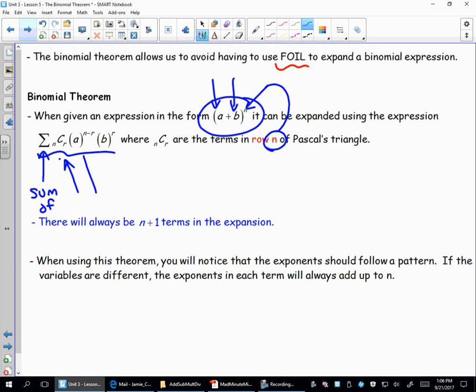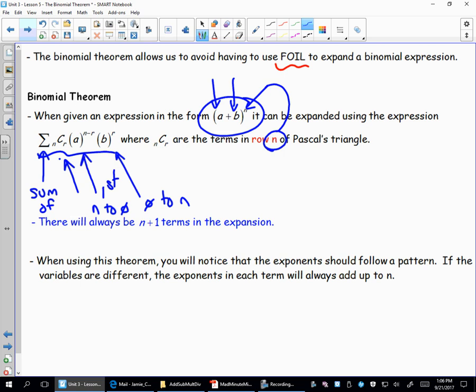Times the first term, and its exponent is going to go down over time, times the second part, and the exponent is going to go up over time. So this goes from n to 0. This one goes from 0 to n. And if that doesn't make sense yet, don't stress. We're going to go through some examples and just get the hang of this.